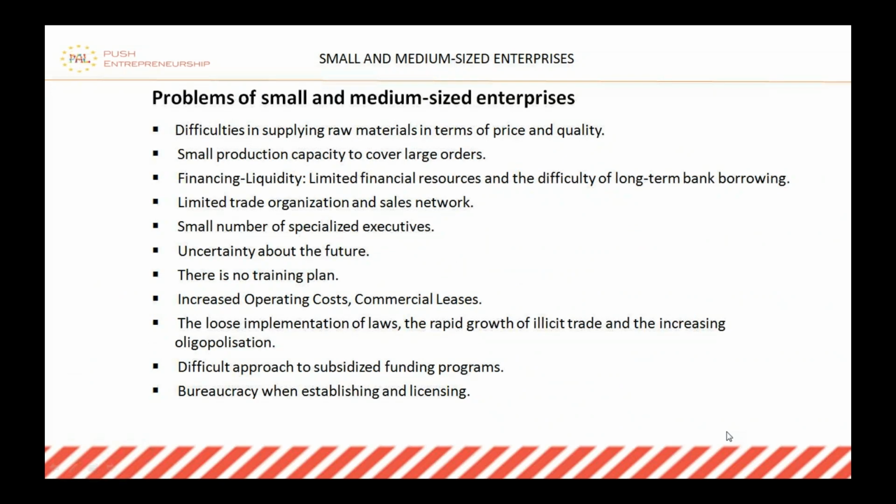The most common are difficulties in supplying raw materials in terms of price and quality, small production capacity to cover large orders, financing liquidity, limited financial resources, and the difficulty of long-term bank borrowing, limited trade organizations and sales network, small number of specialized executives, uncertainty about the future, no training plan, increased operating costs, the loss of implementation of law, the rapid growth of illicit trade, and the increasing oligopolization, difficult approach to subsidized funding programs, and the bureaucracy when establishing and licensing.